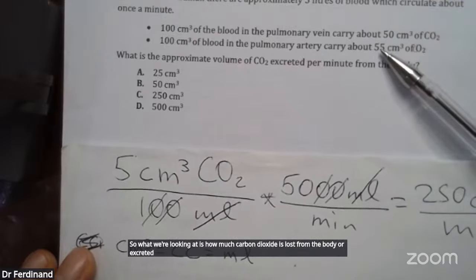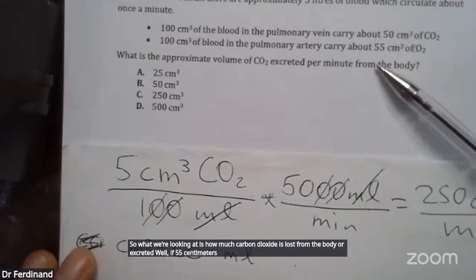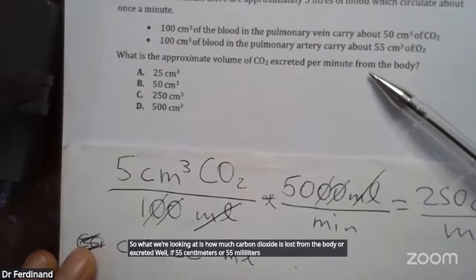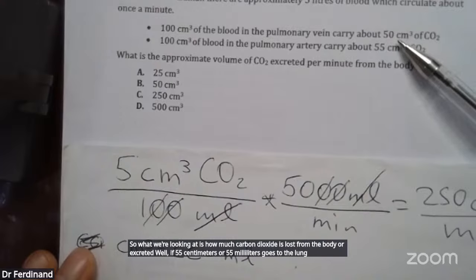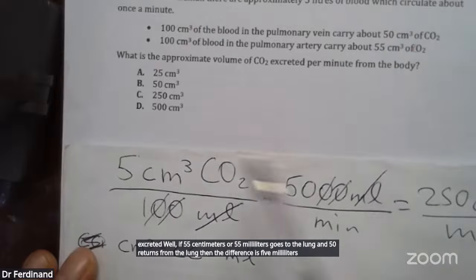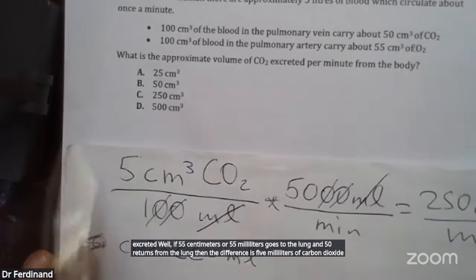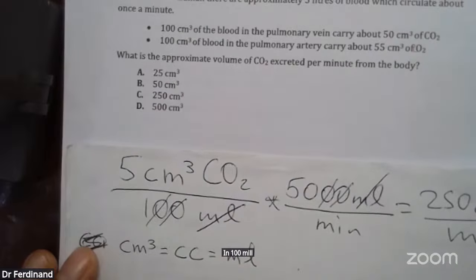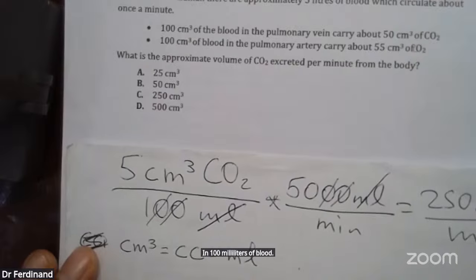Well, if 55 milliliters goes to the lung and 50 returns from the lung, then the difference is 5 milliliters of carbon dioxide in 100 milliliters of blood. That's how much is being excreted.